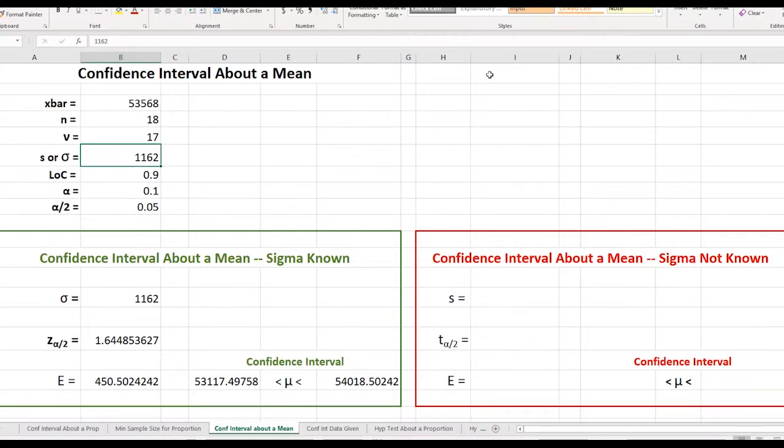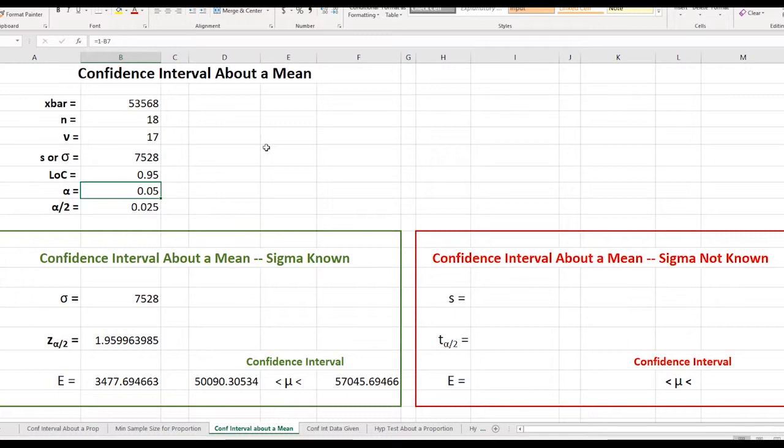My S or sigma, and in this case it's S, was 7,528. Level of confidence, that was not given to us, so we defaulted to the 0.95 or 95% level of confidence. And we have alpha is equal to 0.05, and alpha over 2, even though we don't need it, is 0.025.